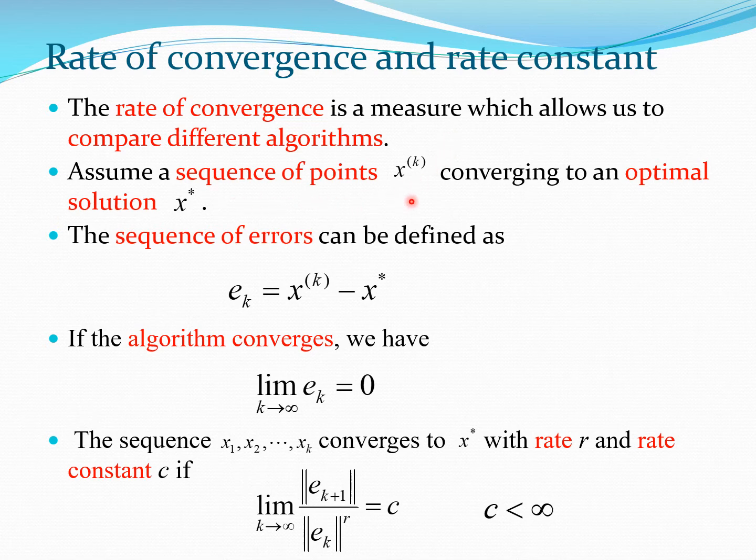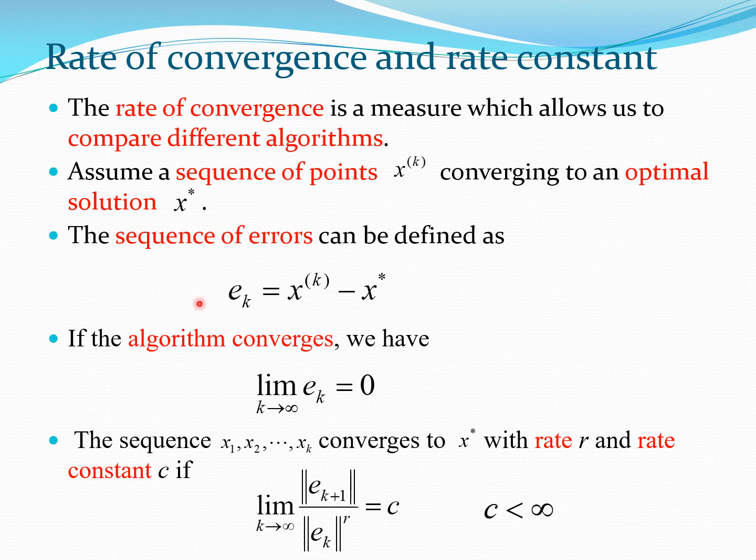So let's assume you have a sequence of points. These points are denoted by x superscript k, and these points converge to some optimal solution x star. At each point k, the difference between the point x_k and the final optimal point x star could be called e_k.